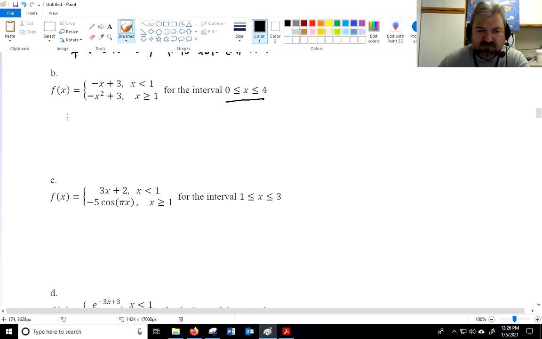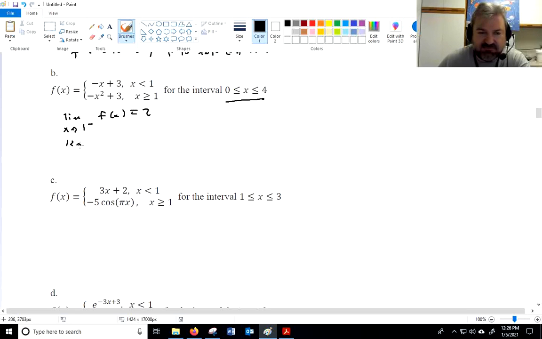So if I look at the limit from the left, so if we plug in 1, numbers approaching 1 from the left, we would be looking at this top branch, which would be 2, right? And I can just write that like that. The limit as x approaches 1 from the left of f of x is equal to 2.